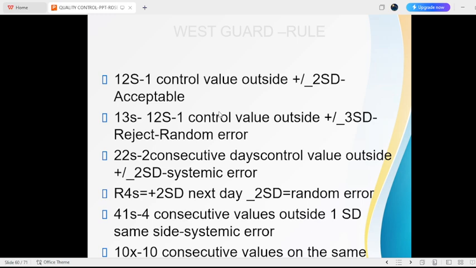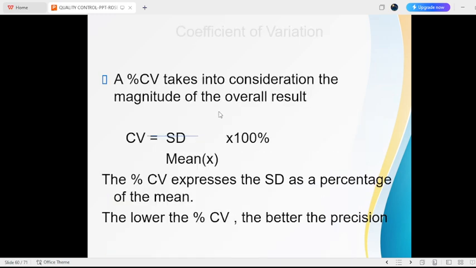This is because of systematic error. The last rule is the 10x rule. The 10x rule means 10 consecutive values on the same side of the mean. So these are the Westgard rules.